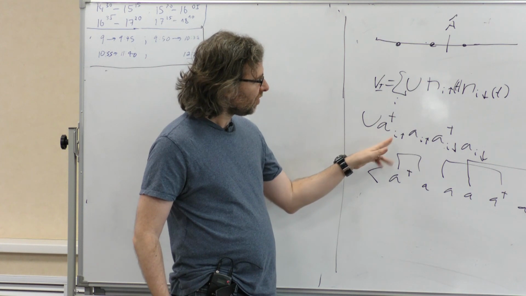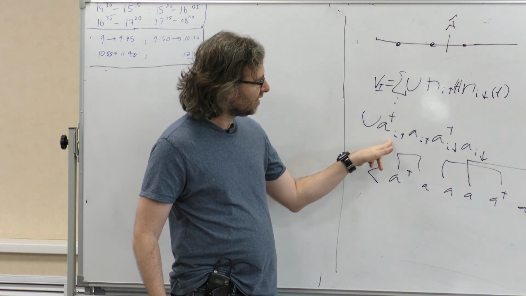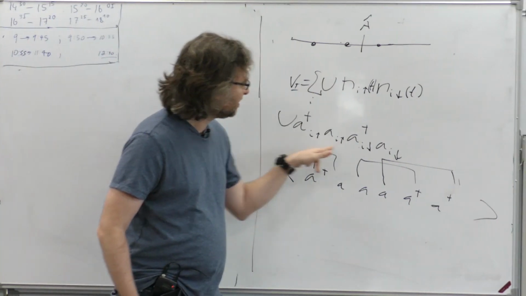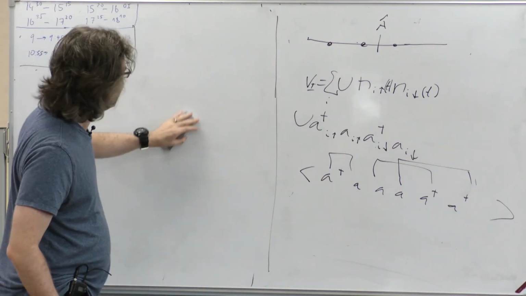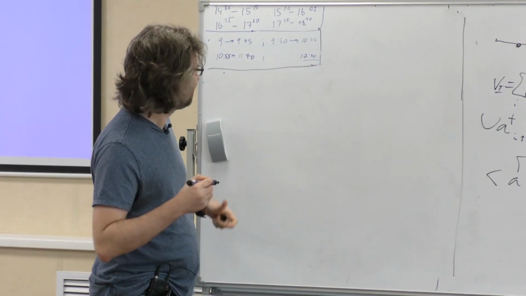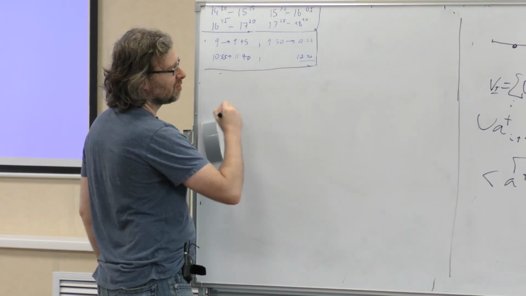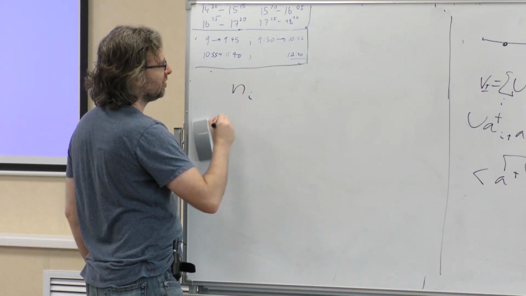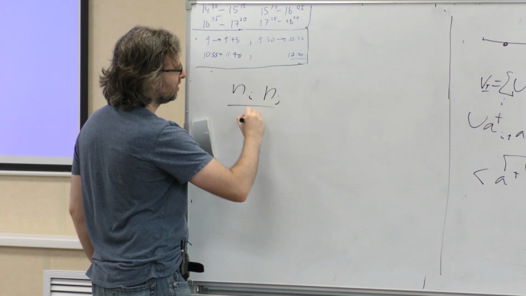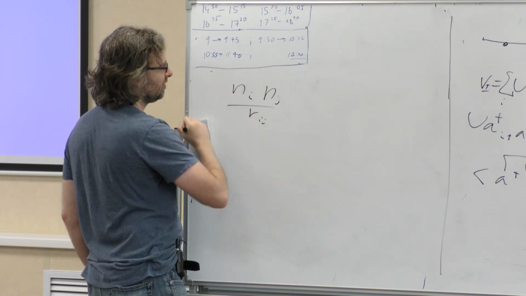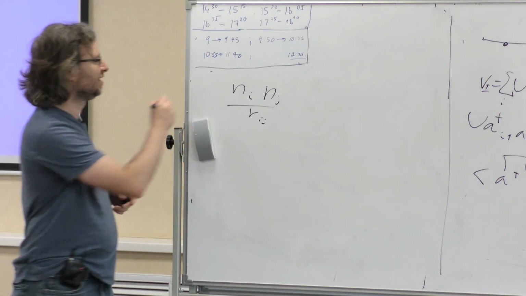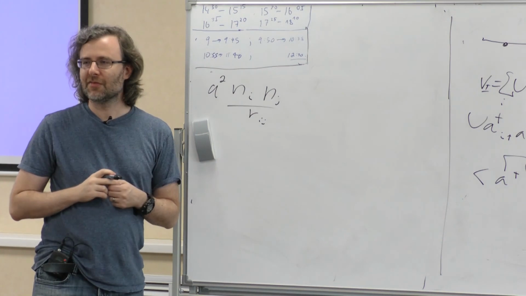So the way that we do this is that we take this guy and we represent each one of the operators in it by a little tick. Let's think about a more generic model for a moment. Suppose I have n_i n_j, usually over r_ij, something like this. This would be a generic Coulomb interaction, something like a q squared.